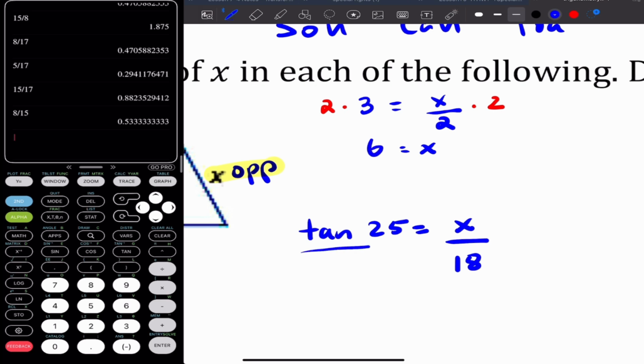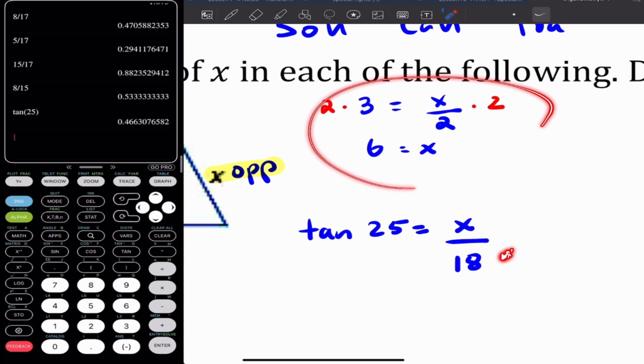Now, tangent of 25. Let me tell you this right now. The tangent, if I put this in the calculator, the tangent of 25 is a number. You're going to treat it as such. The tangent of 25 is a number. So if I'm trying to solve for x, I've got to do the same thing as I did before. So I can multiply both sides by 18.